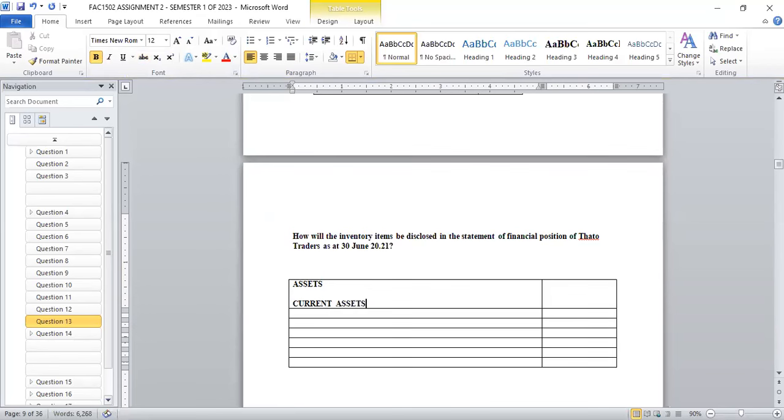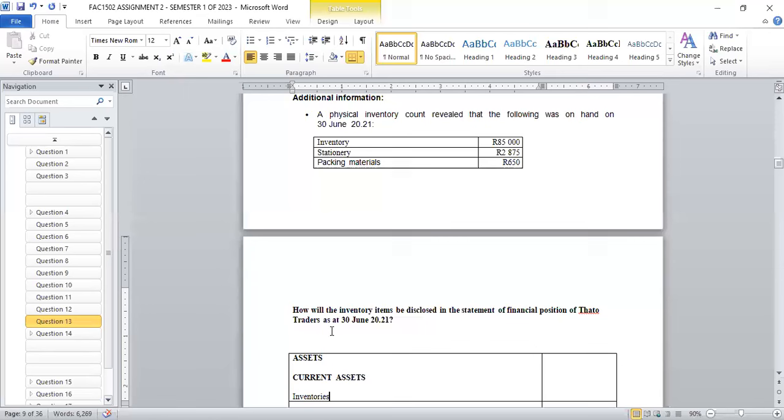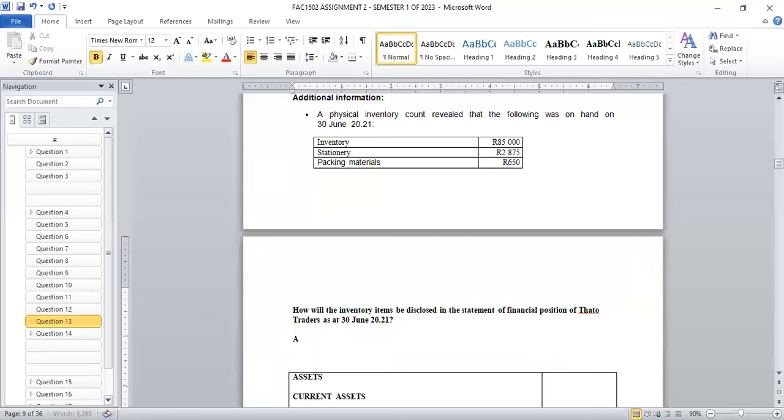Then under current assets, you should have inventories. Then the amount, remember that the inventories I said you add. So let me just calculate the amount here. 85,000 plus 2875 plus 650. What do we get?